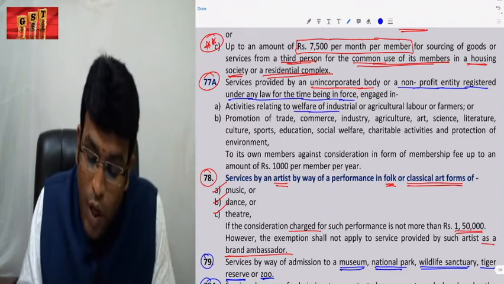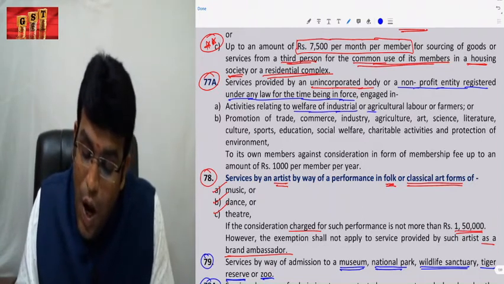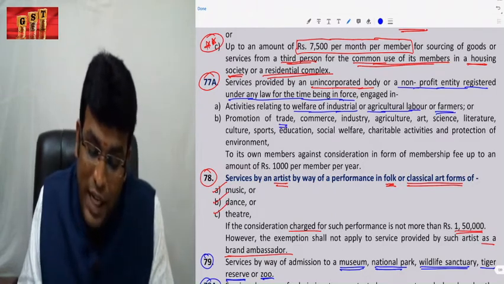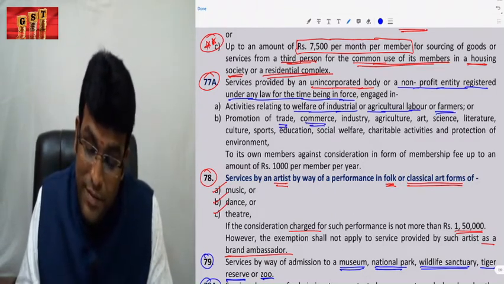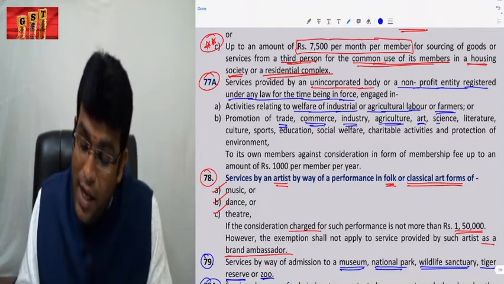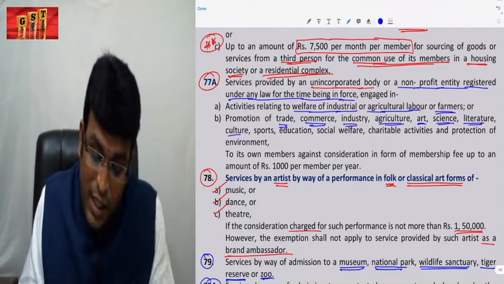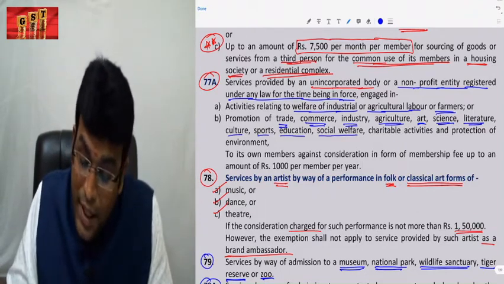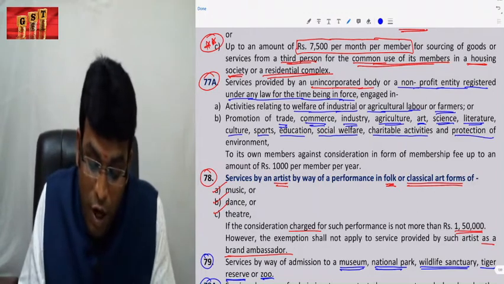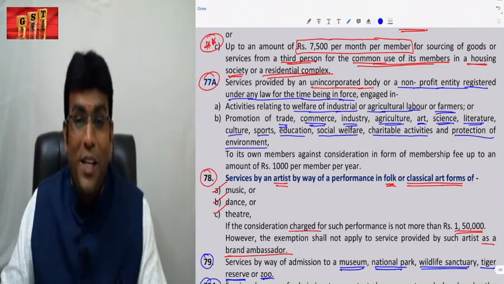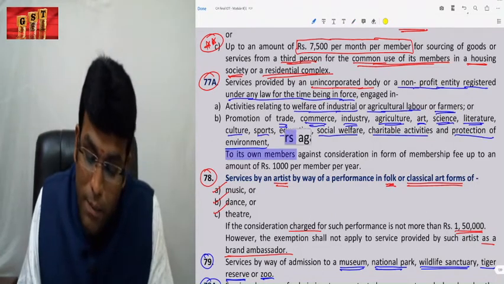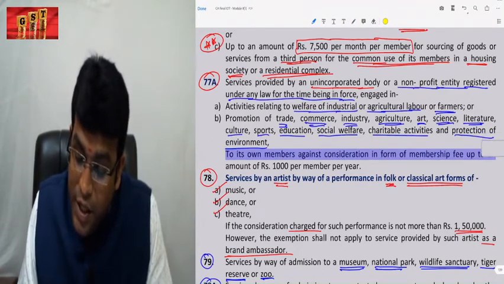Activities relating to welfare of industrial or agricultural labor or farmers, or promotion of trade, commerce, industry, agriculture, art, science, literature, culture, sports, education, social welfare, charitable activities, and protection of environment. But the point below is important: to its own members against consideration.